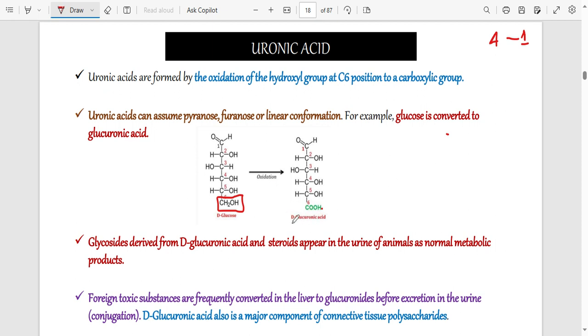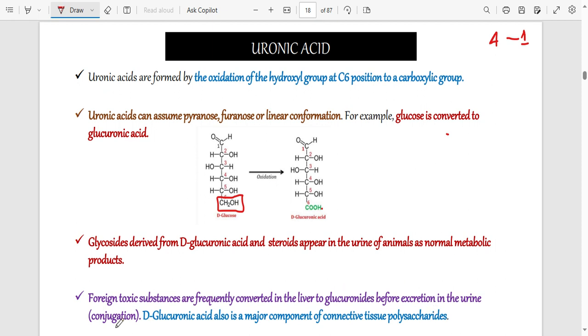If you remember, you will come across this term as we talk about some other topics ahead, like hormone metabolism. When you are forming urine, starting also in the liver, foreign toxic substances which go to the liver will first be converted to glucuronides before they can be excreted into urine.